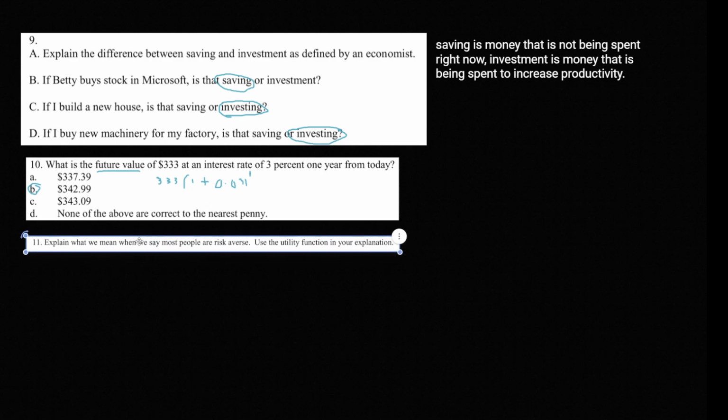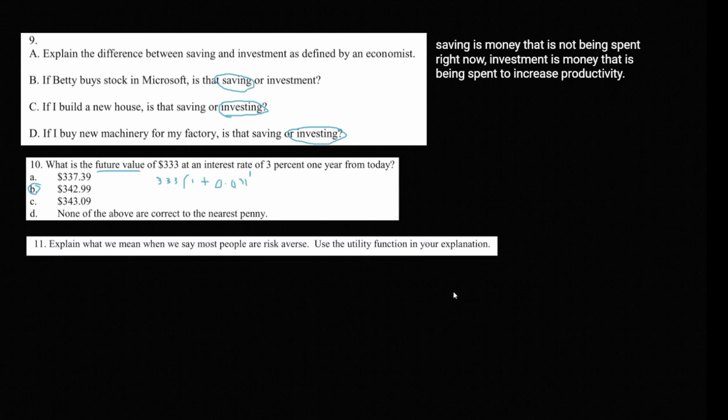This next question says, explain what we mean by most people are risk averse. Use the utility function in your explanation. All right. So the utility function is the idea that as our wealth increases, we get more utility. I'll use a different color, some blue because it's cool.